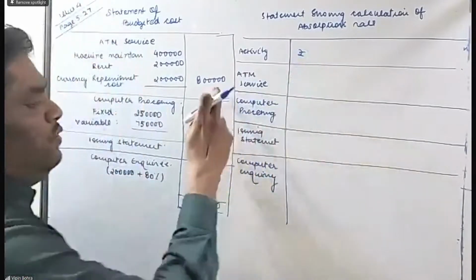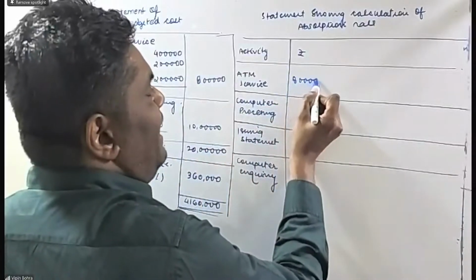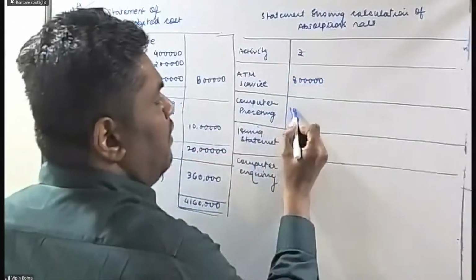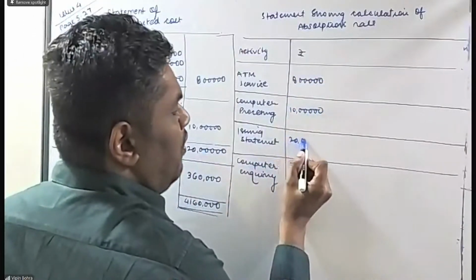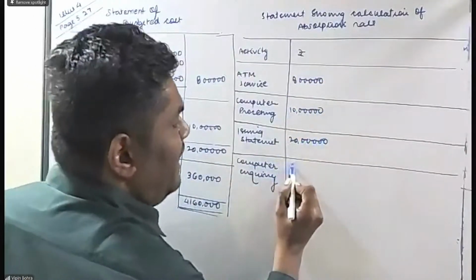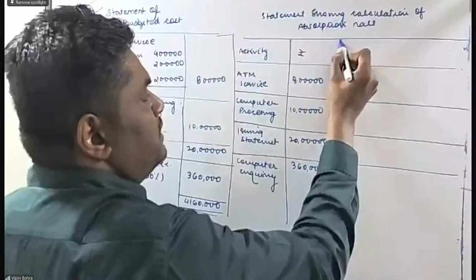When talking about the total amount, we have the total amount with us. That is 8 lakh, 10 lakh, 20 lakh, 3,60,000.